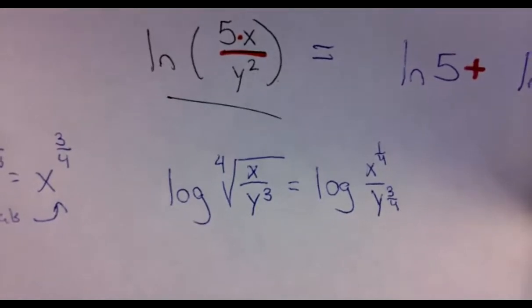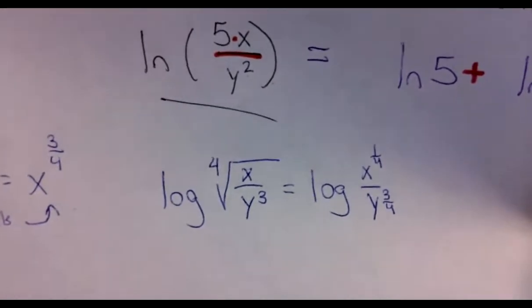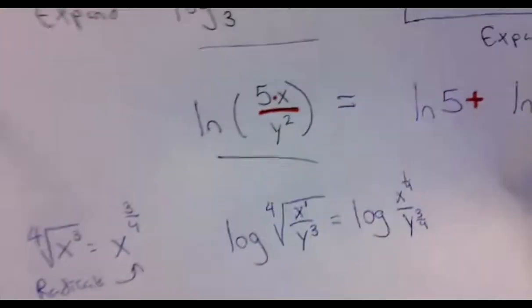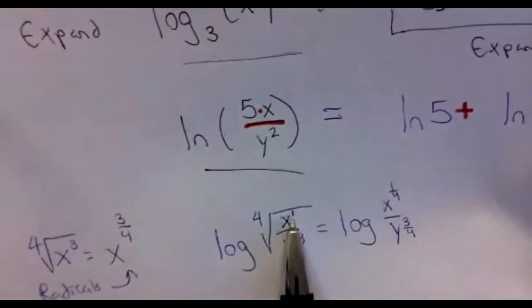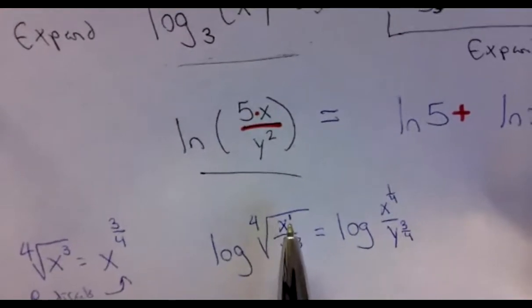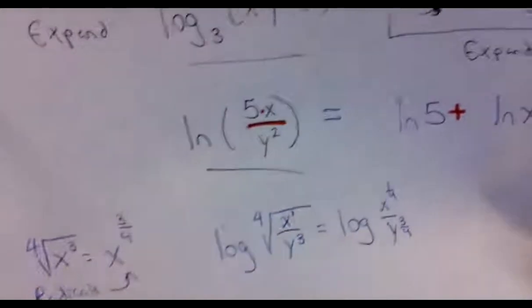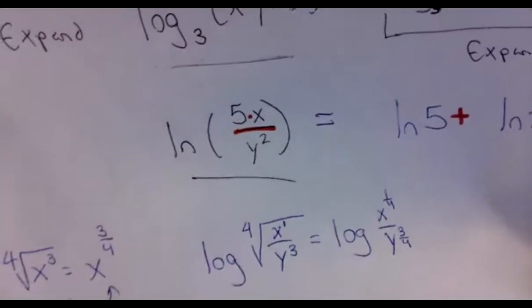And remember, when there's no exponent, or if you don't see it, that exponent is a 1. That's why it was 1/4. Even though there was no exponent with the x, it's assumed to be a 1. So that becomes x to the 1/4, and then y to the 3/4.